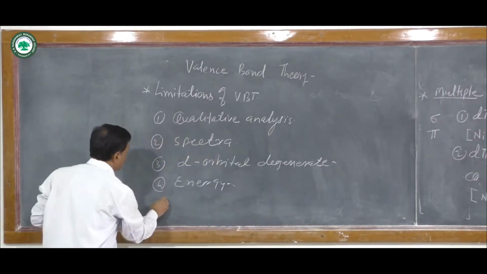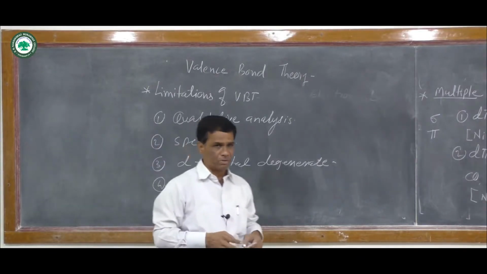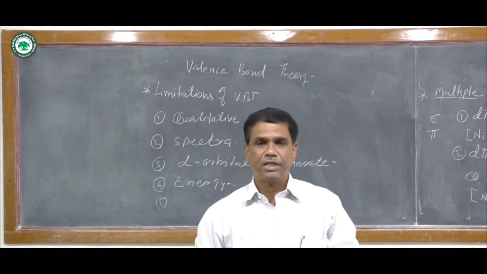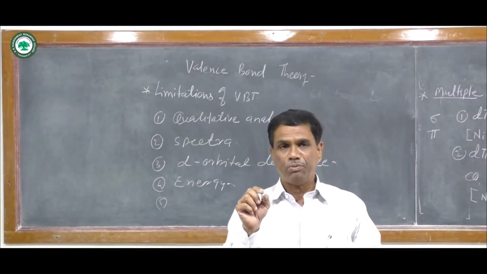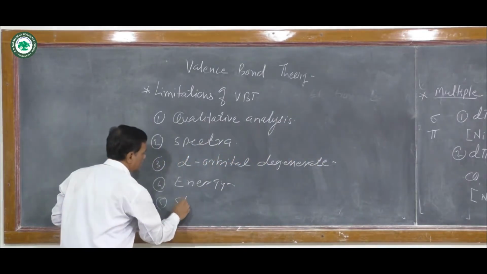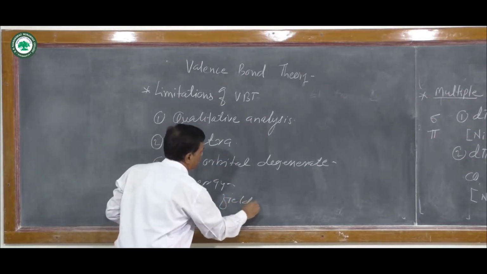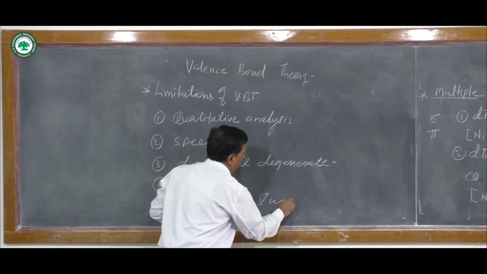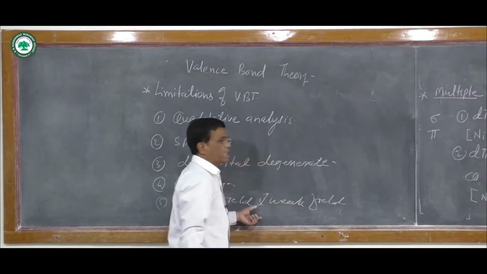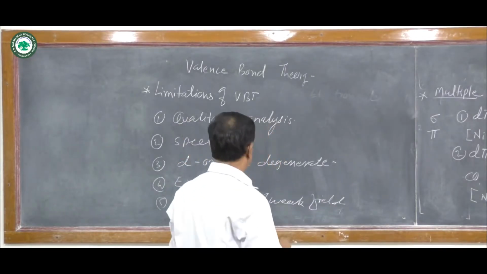Then next, number 5, when there is formation of coordination compounds, various types of spins or fields are there, meaning strong field and weak field complexes are not explained properly by valence bond theory.